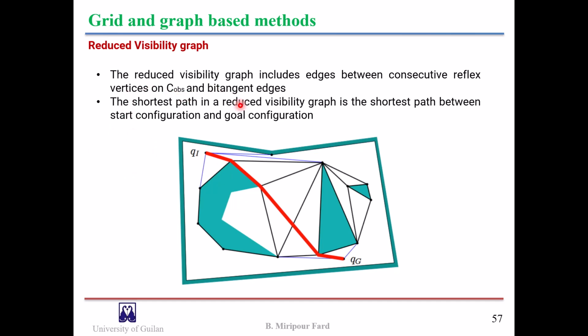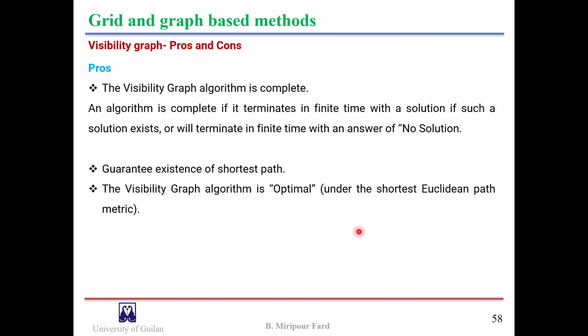The reduced visibility graph includes edges between consecutive reflex vertices on C obstacle and bitangent edges, and the shortest path in this case is the shortest path between start and goal configuration, as you can see here in this figure.